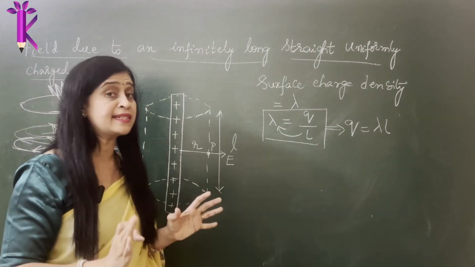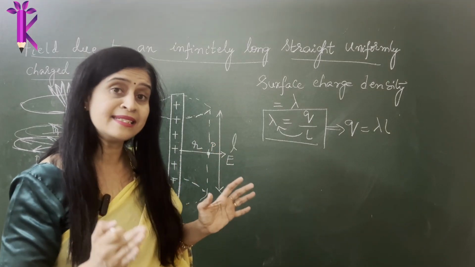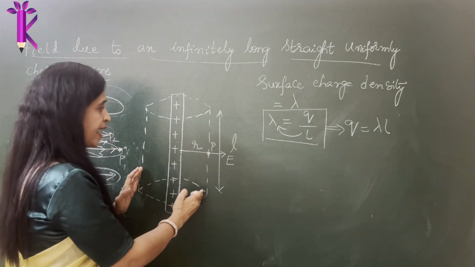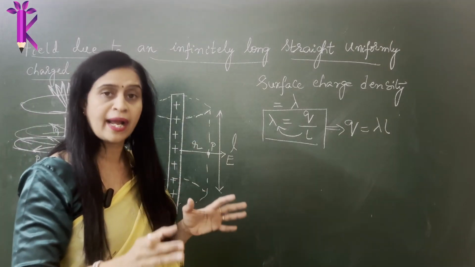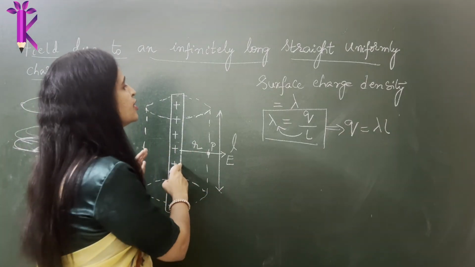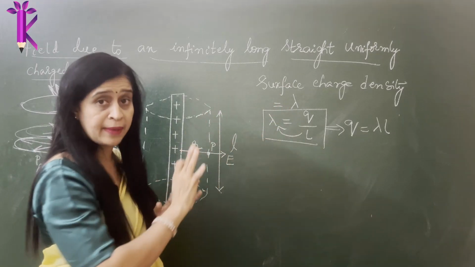So the first sentence is, consider a cylindrical Gaussian surface enclosing the infinitely thin long wire with uniform charge density lambda.